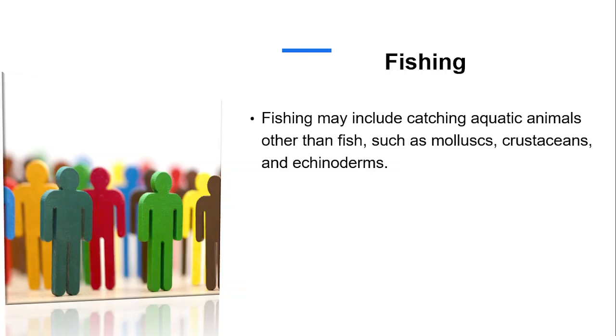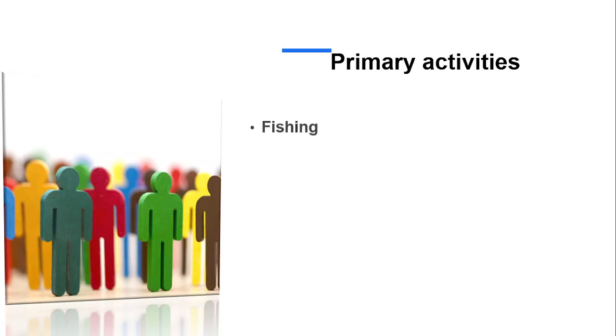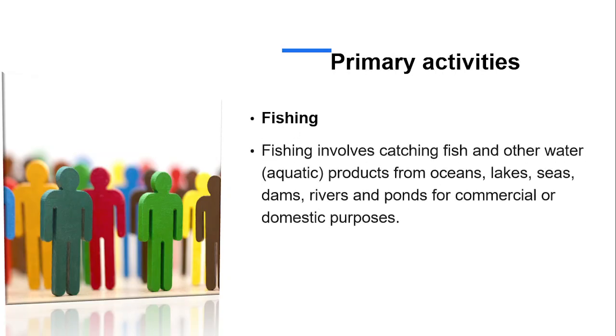Fishing may include catching aquatic animals other than fish, such as mollusks, crustaceans, and echinoderms. So that can also be involved in the fishing process. The term fishing is not normally applied to catching only fish. It can also be applied to aquatic mammals, such as whales. So that's fishing.